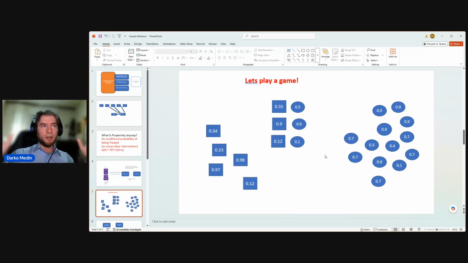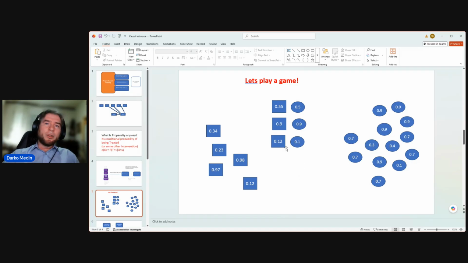So if the caliper is smaller, the matching will be tighter, but more difficult to achieve because the matches will not always be achievable. If the caliper is wider, then we will have more matched patients, but they will not be tightly matched. There will be some freedom in that matching.